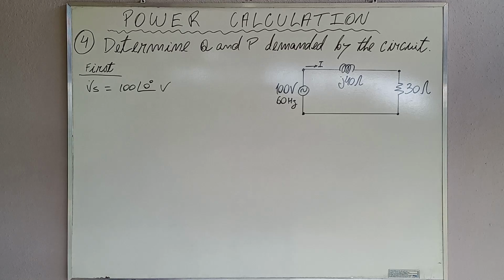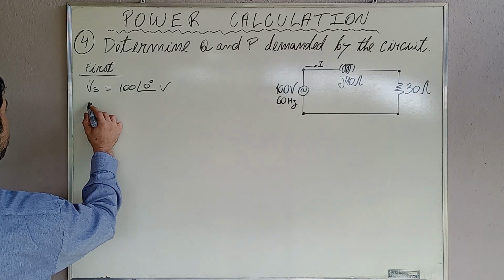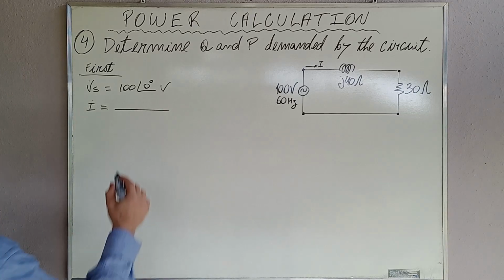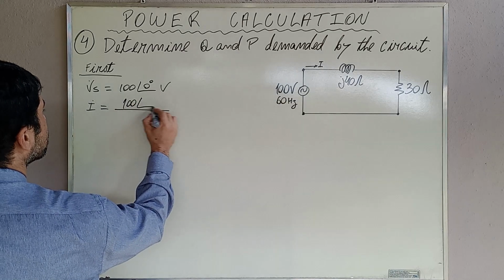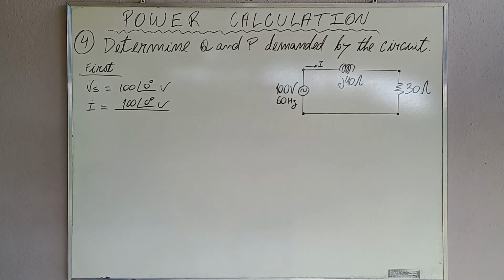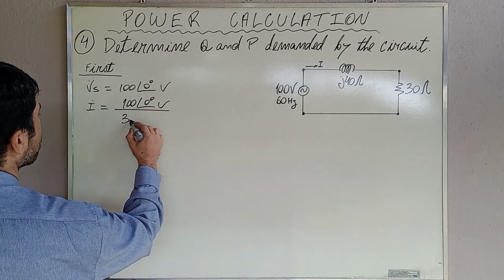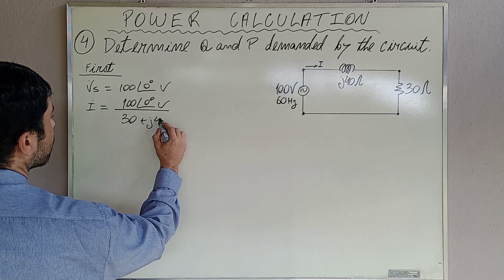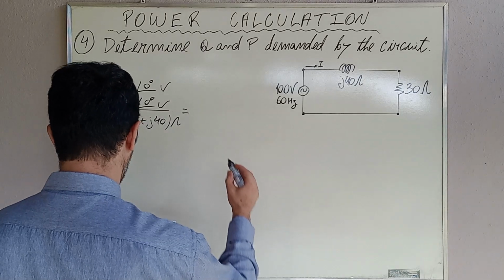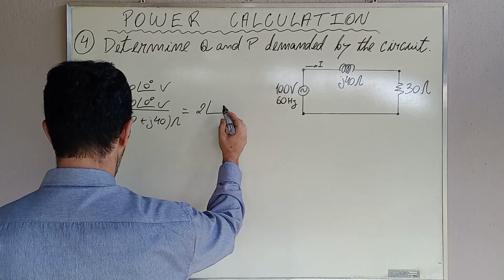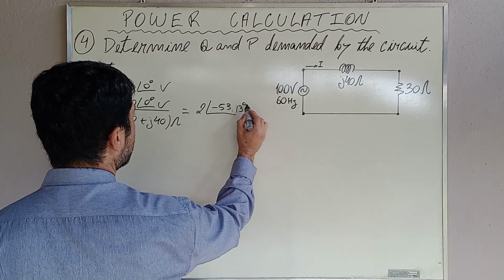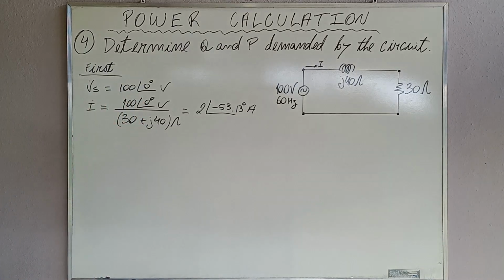The current is simply the division between the voltage and the sum of the impedances, and this is equal to 2 phase negative 53.13 degrees amps. This is the current.